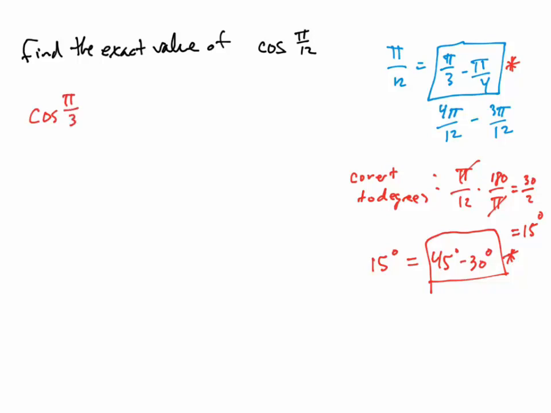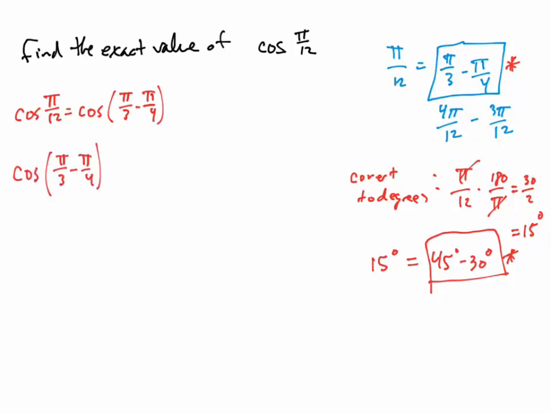Actually, why don't I back up a little, just to say what we're doing here. So cosine pi over 12, we are rewriting as cosine of pi over 3 minus pi over 4.